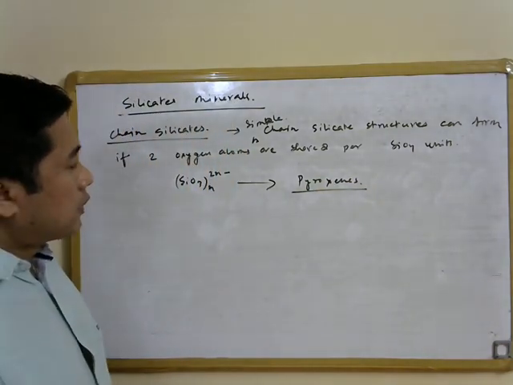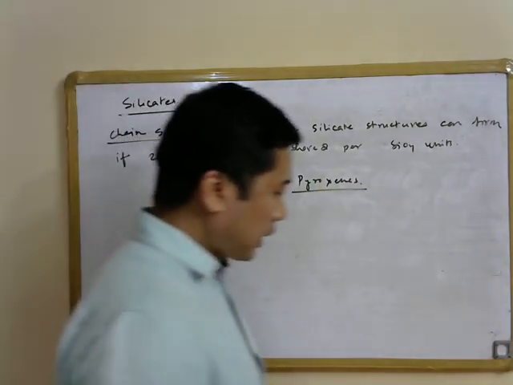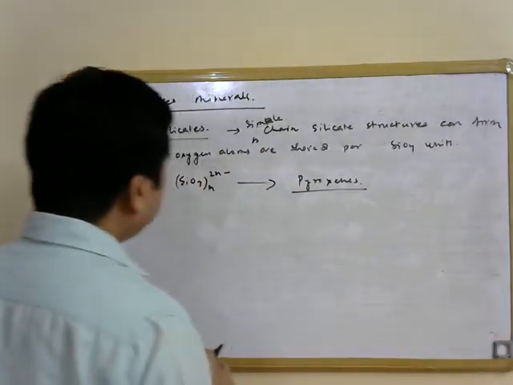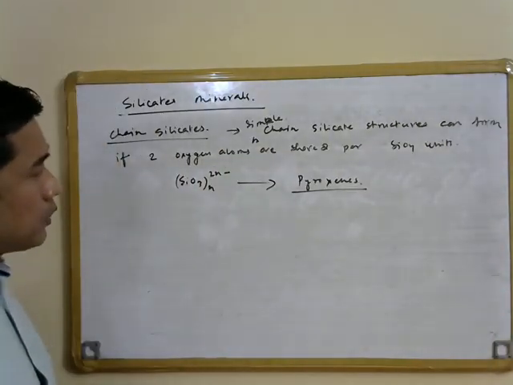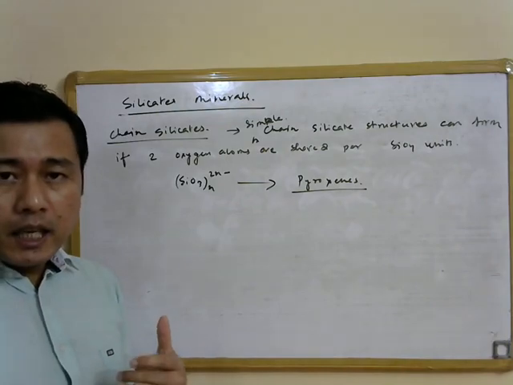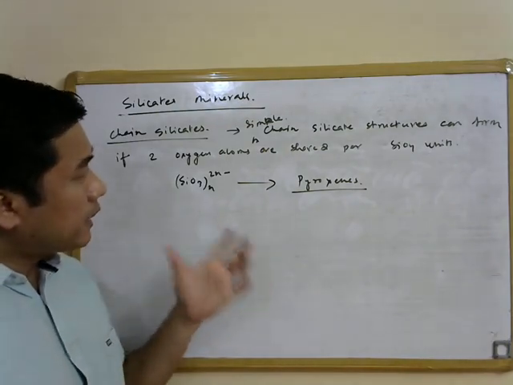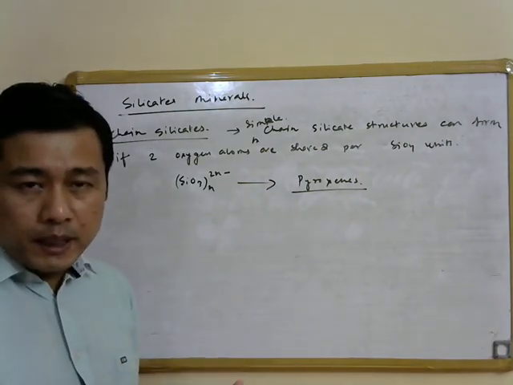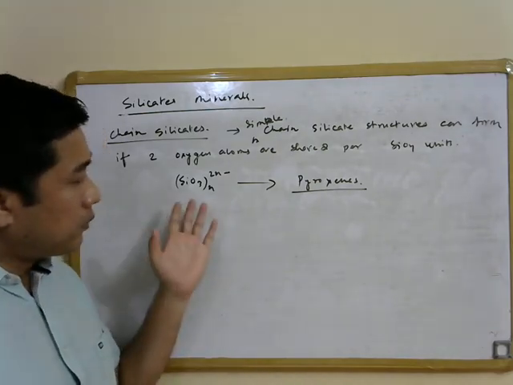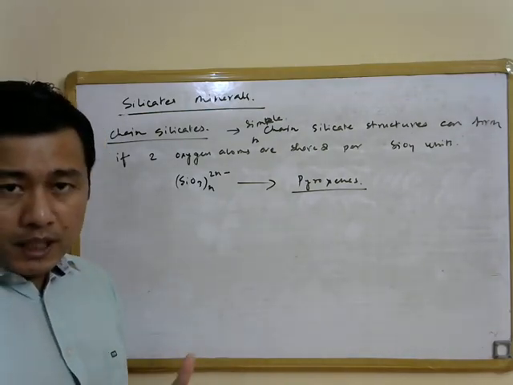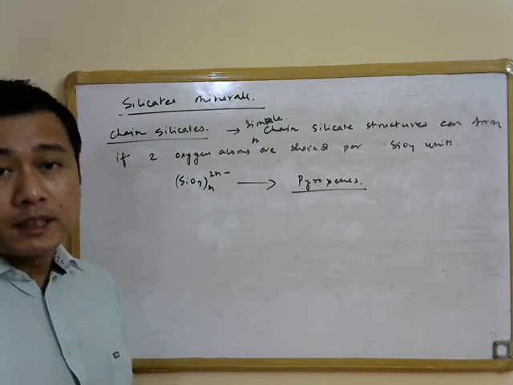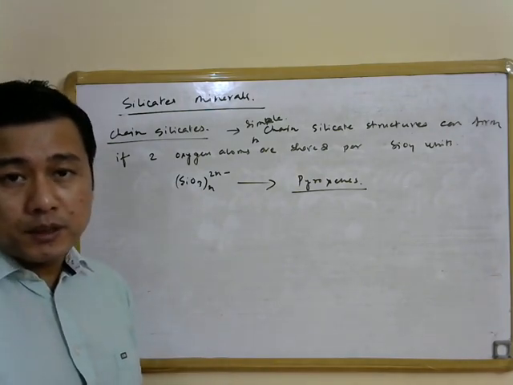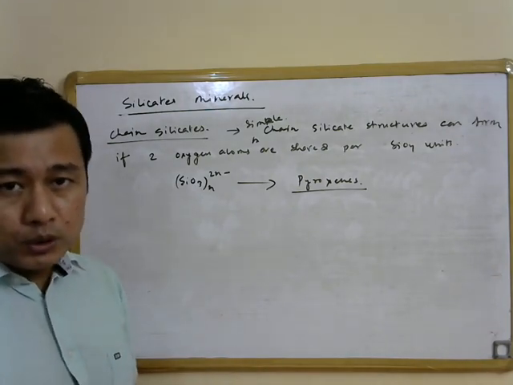And examples of such chain structures we will see, but before that, what we should learn is that the arrangement of these SiO4 units in space may vary depending upon the mineral, and depending upon the kind of arrangement present, different types of structures are possible.